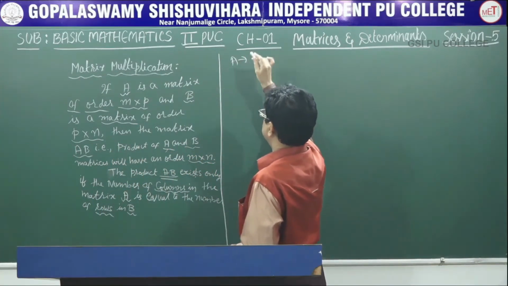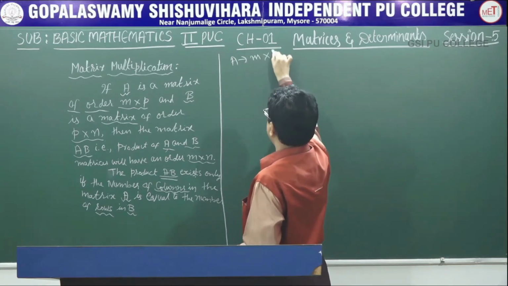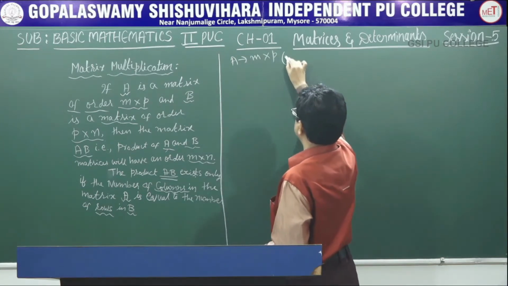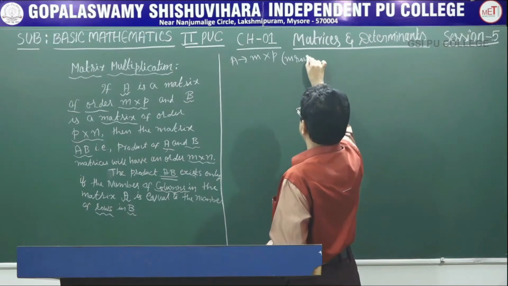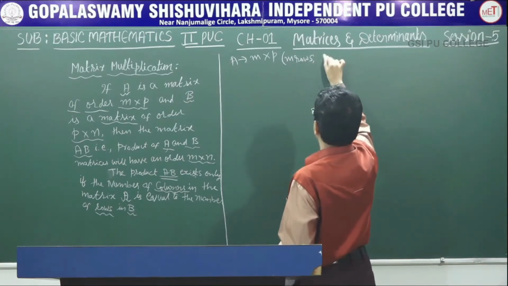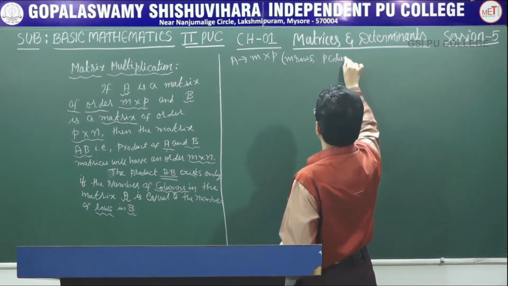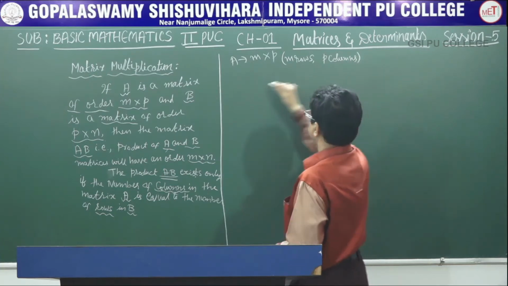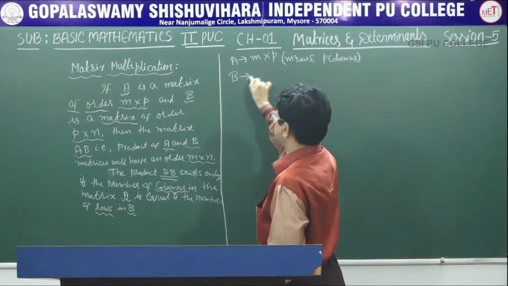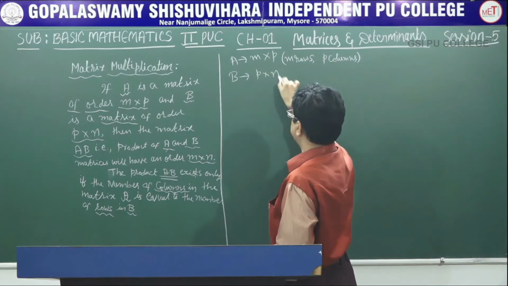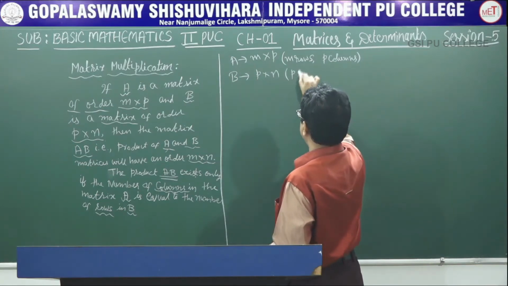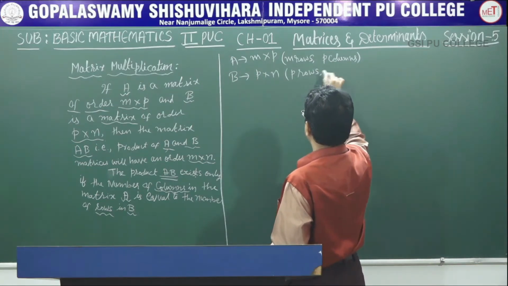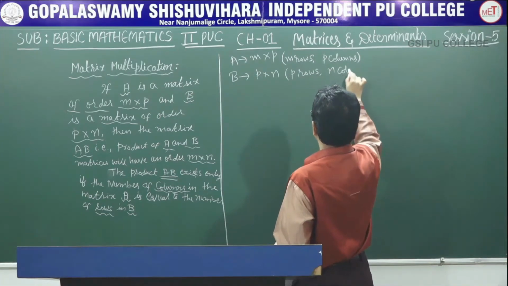So, A is a matrix of order m into p, that is m rows, p columns. B is a matrix of order p into n, that is p rows, n columns.